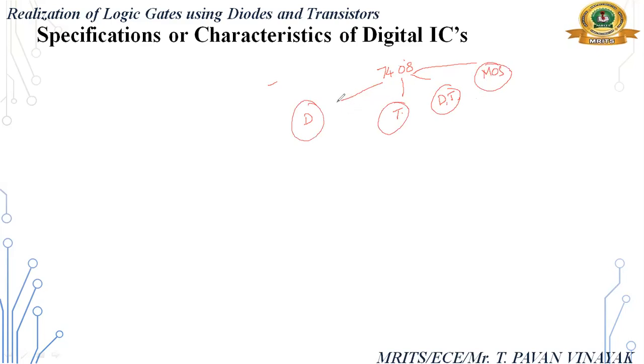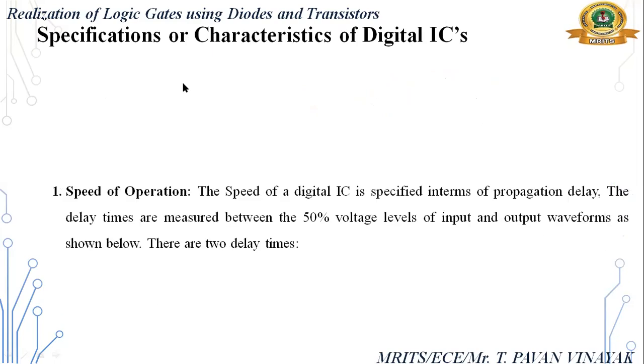So for the design of an IC, we have some specification. We have to reach this specification. Based on this specification, we select which type of component we require. So the first specification is speed of operation.